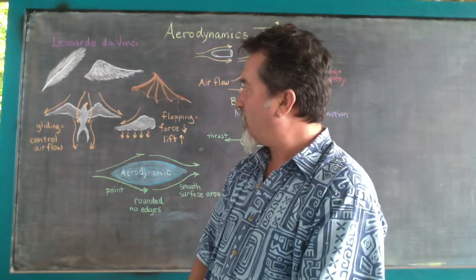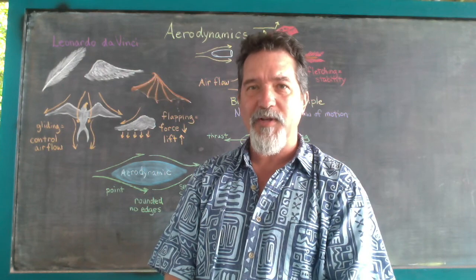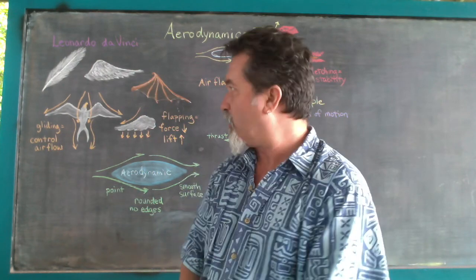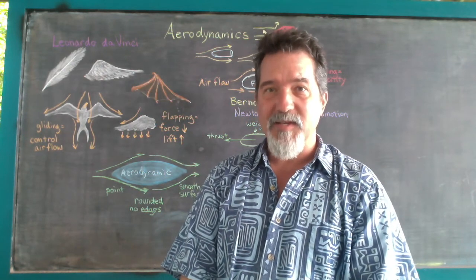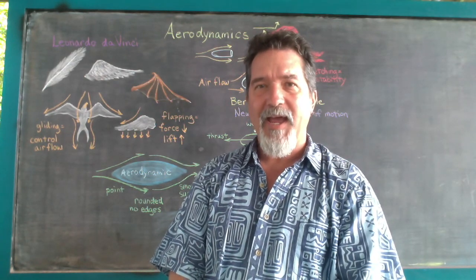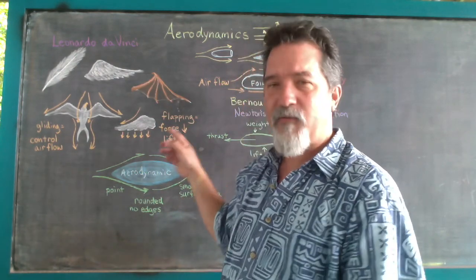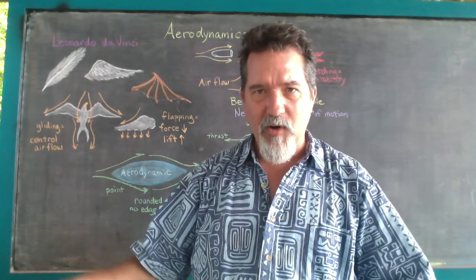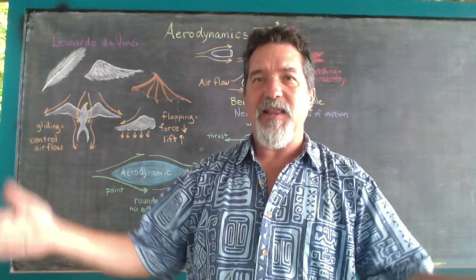So a bird has to have a combination of abilities in order for it to fly. First of all, there has to be a way that the bird is able to flap its wings in order to get itself off of the ground. And so flapping has to do with aerodynamics of creating force that goes downward, and that force that goes downward is able to create lift.